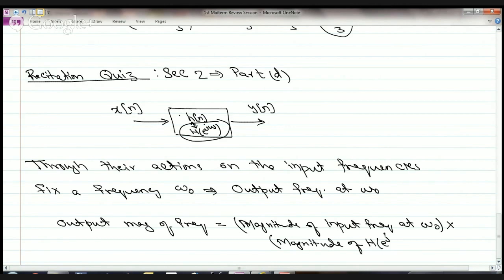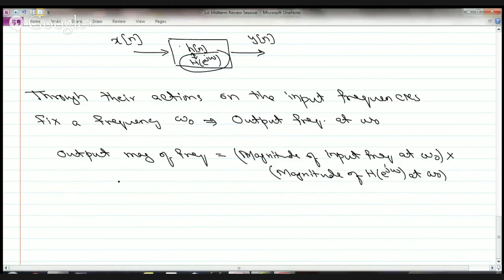Magnitude of H(e^{j omega}) at omega naught. Okay. So we write this expression as Y(e^{j omega}) equal to X(e^{j omega}) times H(e^{j omega}).